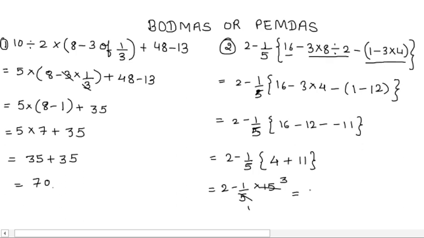And I get 2 minus 3 times 1, which is 3. So 2 minus 3 gives me minus 1 as the answer.